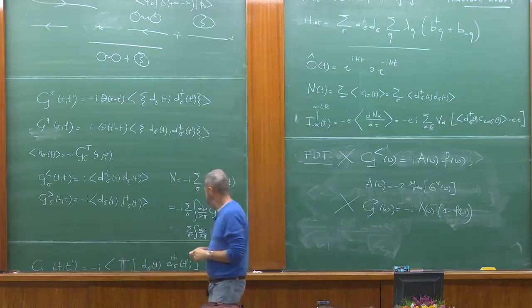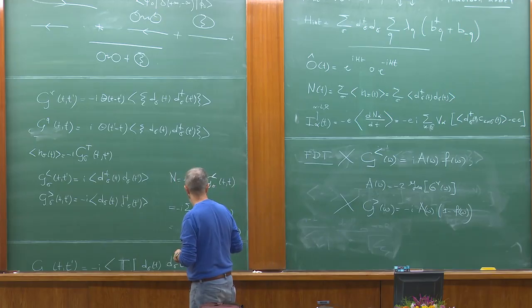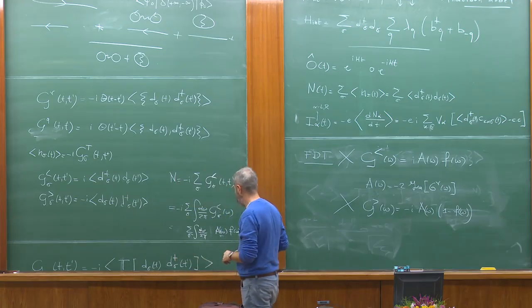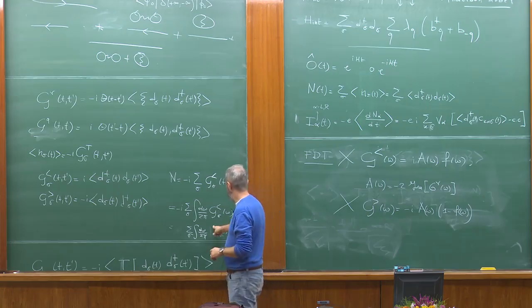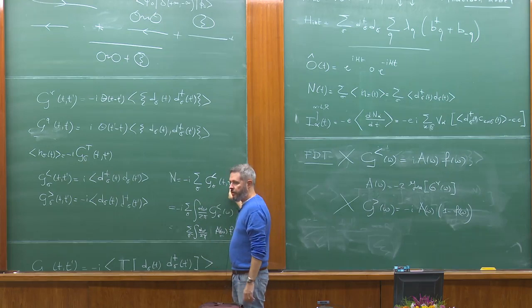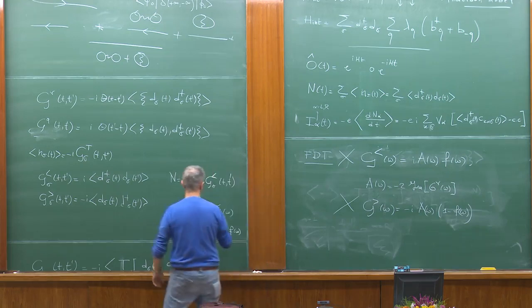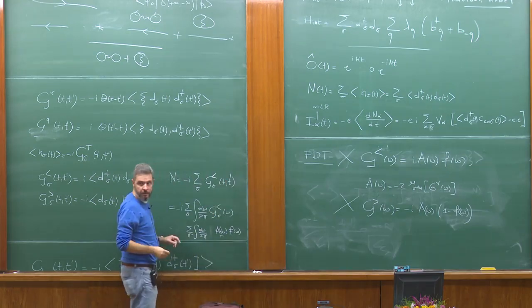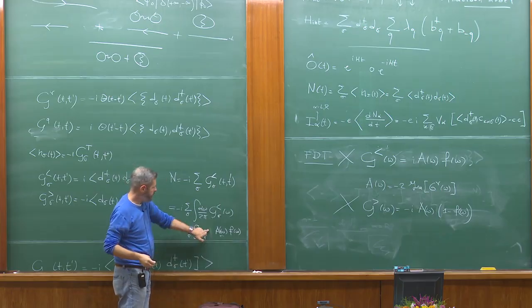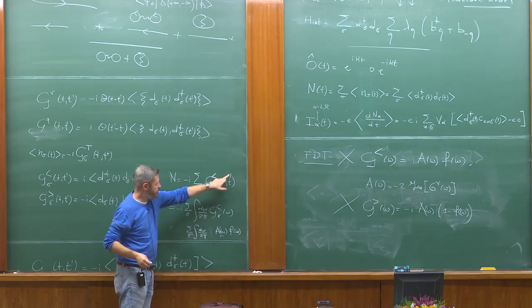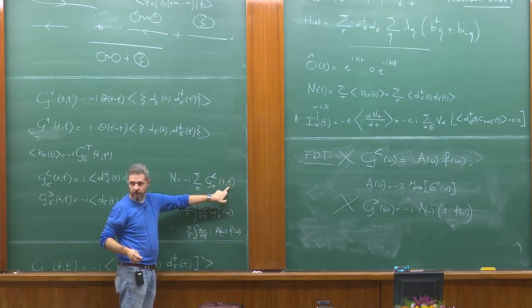Yes? Where do you perform the Fourier transform? Here? No, because I took it at equal times. If I take it at different times, in the next line, here, I would have exponential i omega t.